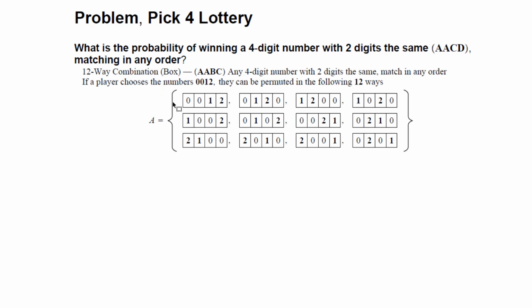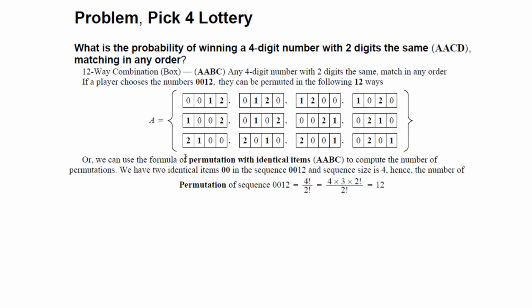So in such a case, if we have a ticket such as 0012, this ticket can be reordered in 12 ways. But how do we know that this ticket can be ordered in 12 ways? We can use the permutation formula with identical items.